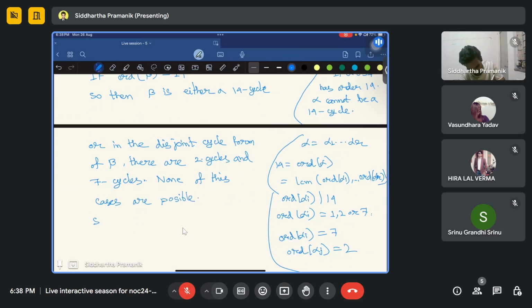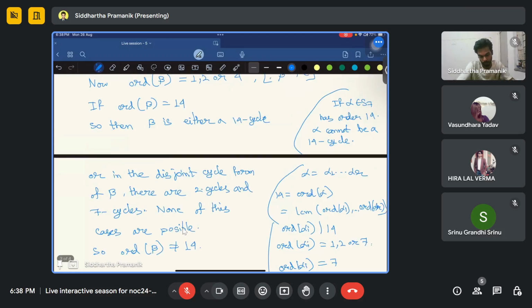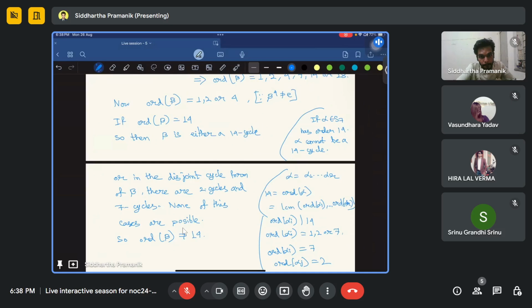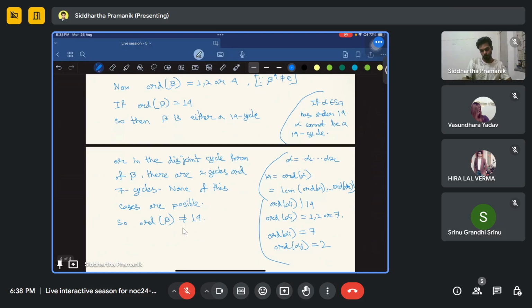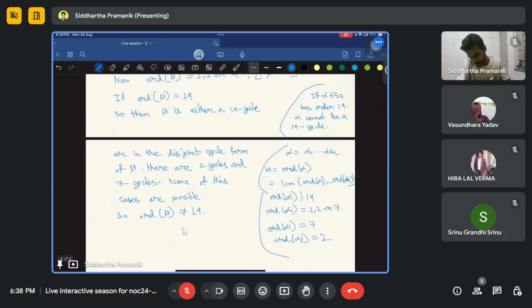So the order of beta is not equal to 14. Okay, did you understand this? If you have any doubt, you can ask me. So the order of beta cannot be 14.